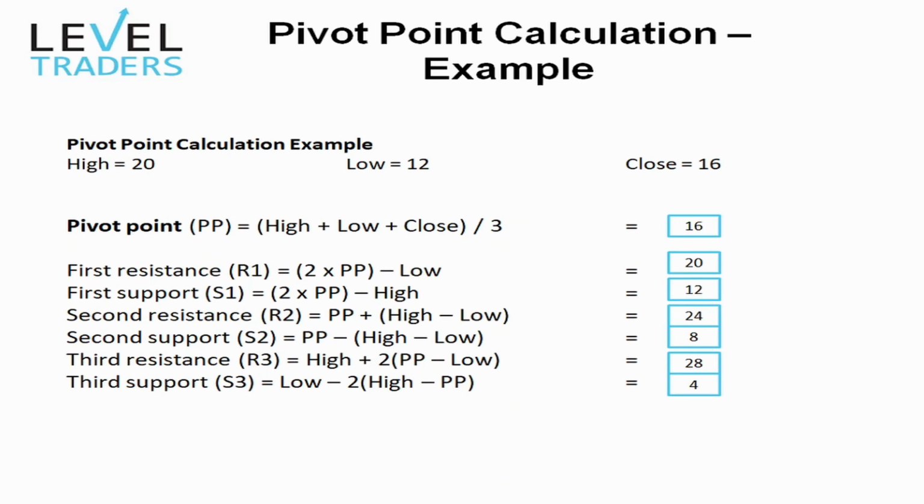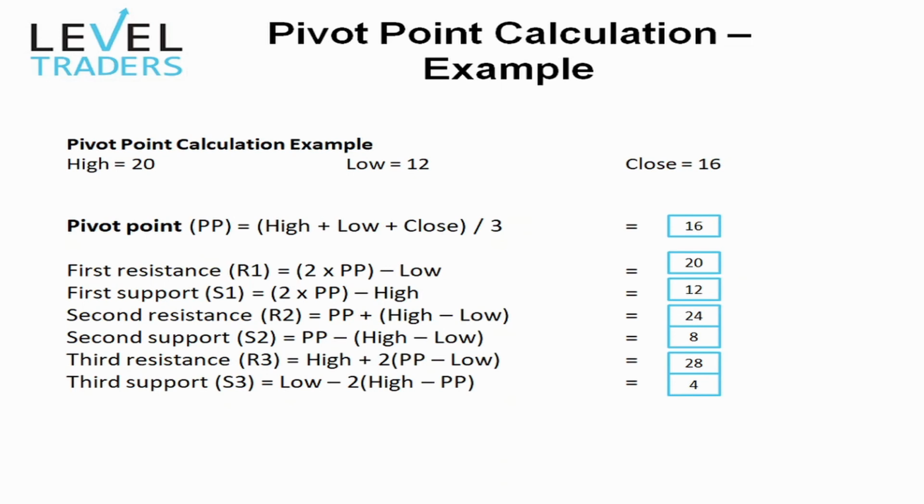Everything hinges around that. From there you can work out your resistance 1, support 1, resistance 2, 3, and so on. The first resistance is simply your pivot point times 2 minus the low, so that's 20. The first support is your pivot point times 2 minus your high, and that comes out as 12. I can apply the same kind of logic, following these formulas, to get the second resistance, third resistance, second support, and third support.